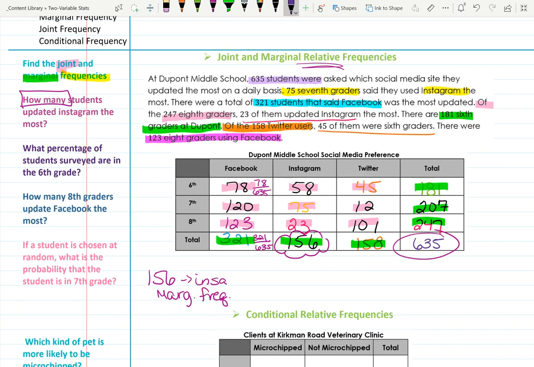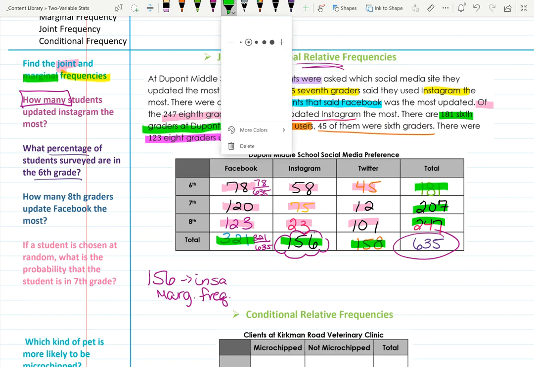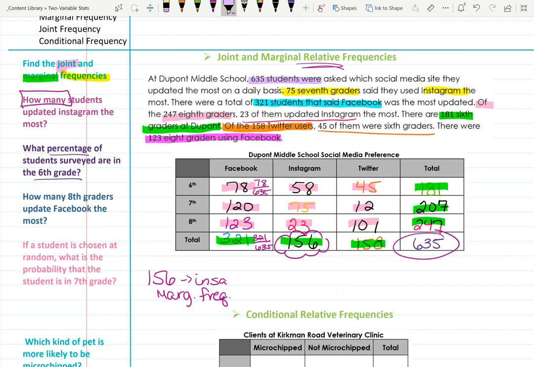Now on the next one, it says what percentage. All right, so that's not asking specifically how many. That's a percentage, and a percentage is a ratio. It's out of something. So what percentage of students surveyed are in the 6th grade? Okay, well, what percentage of students surveyed? So key here, of students surveyed.